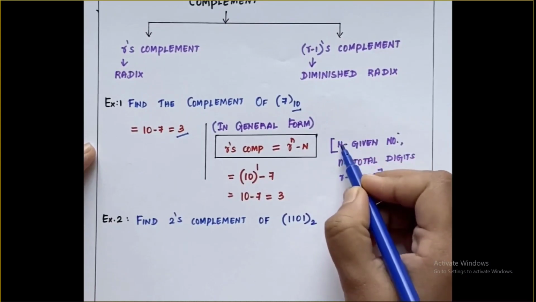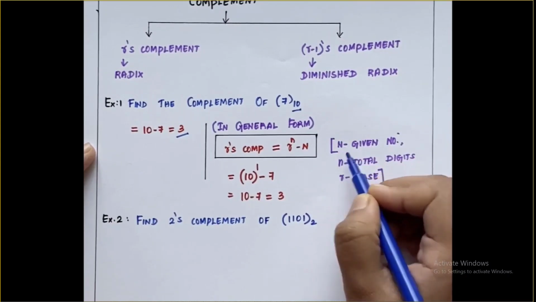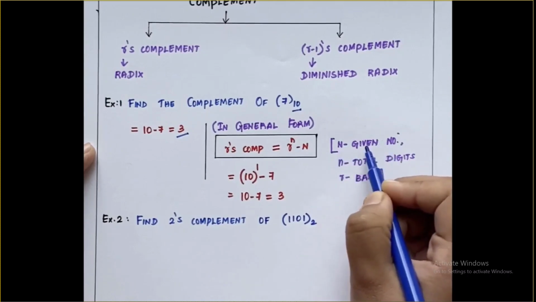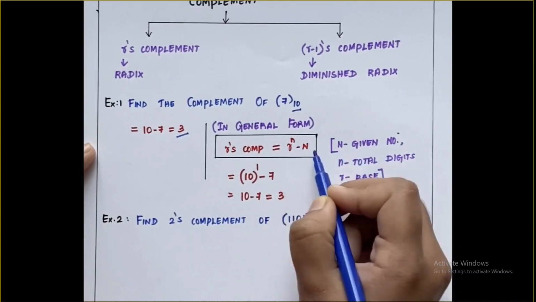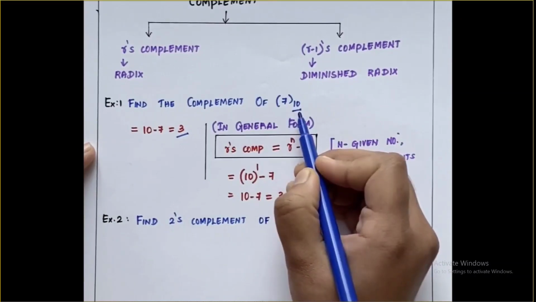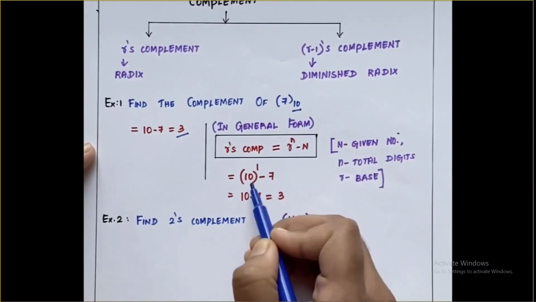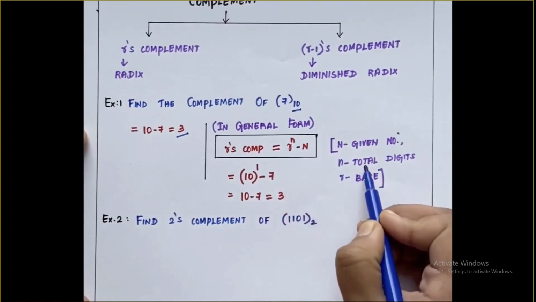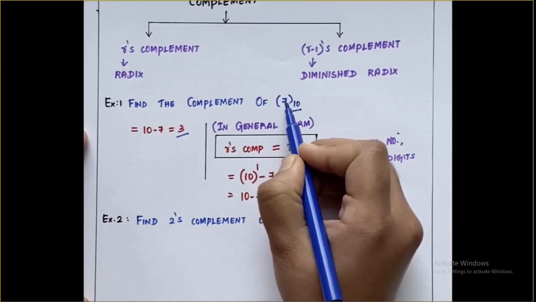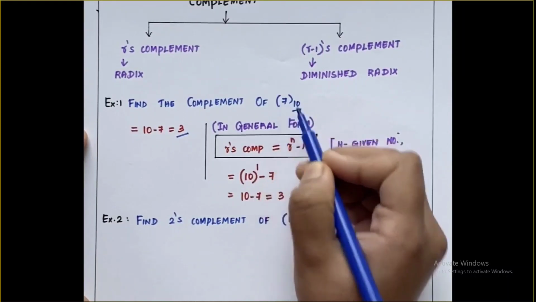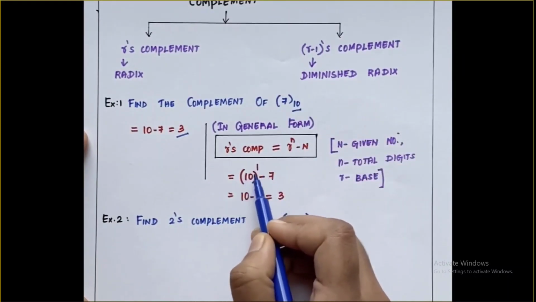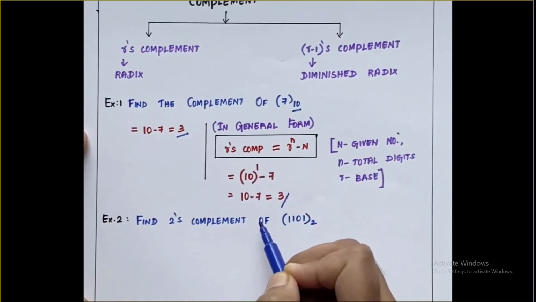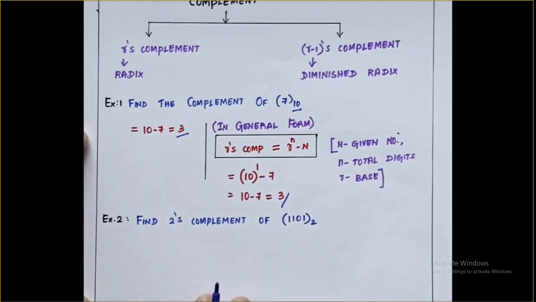We have to make sure that we understand what is capital N and what is small n. Small n is the total number of digits, whereas capital N is the given actual number. So this is the formula for calculating R's complement. Given base is 10, so 10 power n, where n is 1, minus capital N, which is 7. So 10 power 1 is 10, minus 7, which is 3. So this is the answer for the given question.